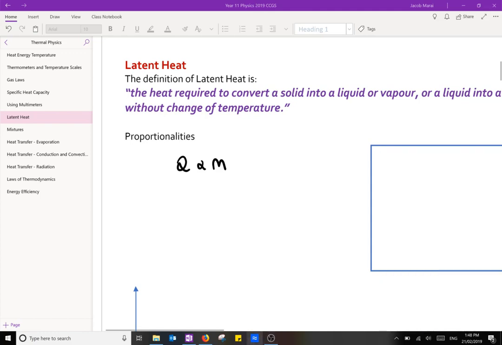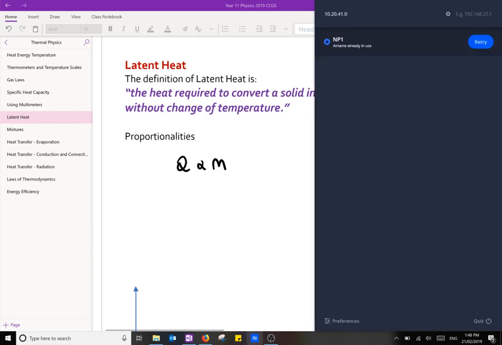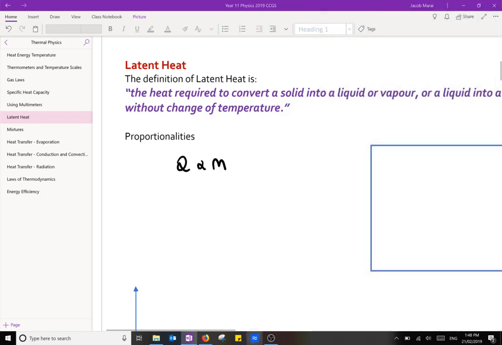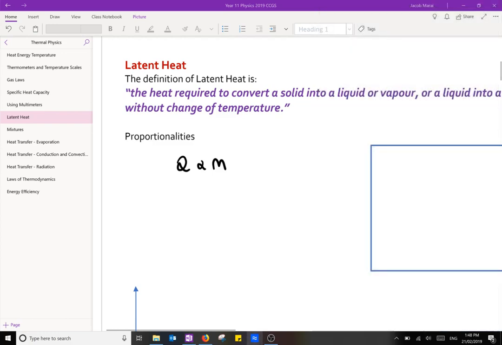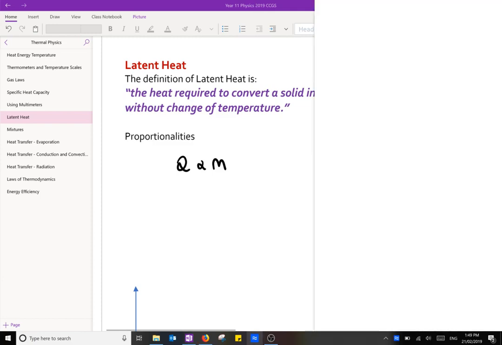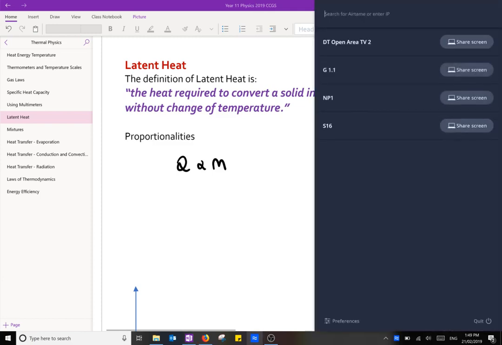Hang on, I'm just going to turn Airtame off. It's saying it's already in use. Oh no, go figure. Alright, did it stop? No. Share screen. Already in use. Yeah, that's me. And I've just expressed to you how we don't have any time to be mucking about.